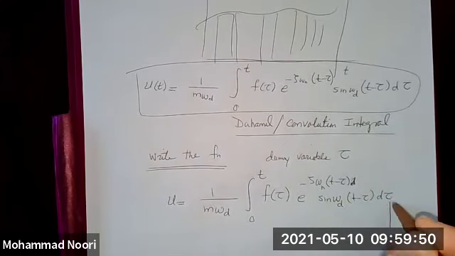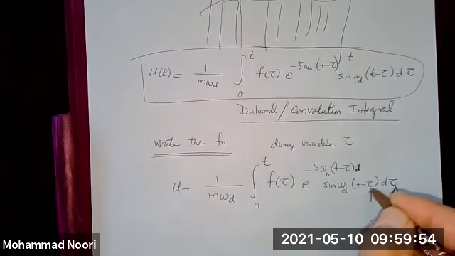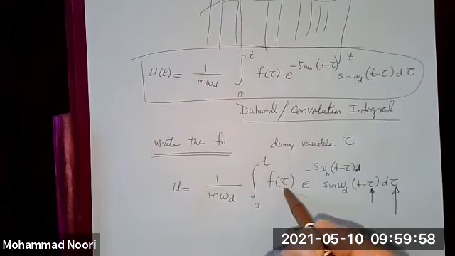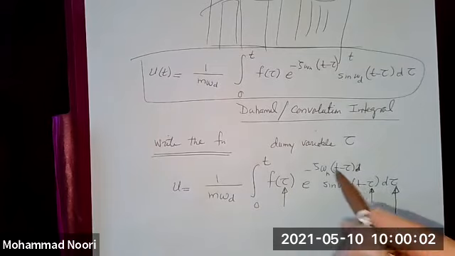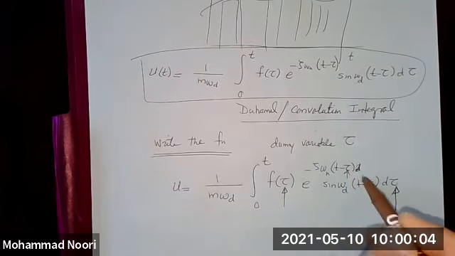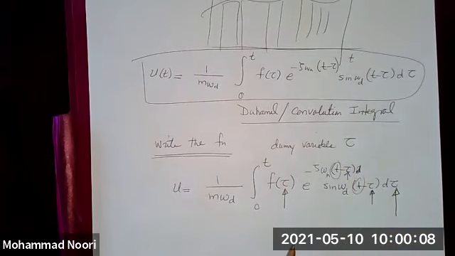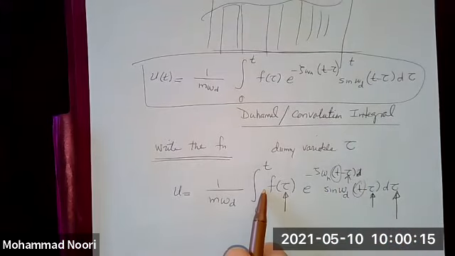The variable of integration is tau, and t will be considered as a constant value or a number. But the outcome of this integration would be in terms of t, which is time.